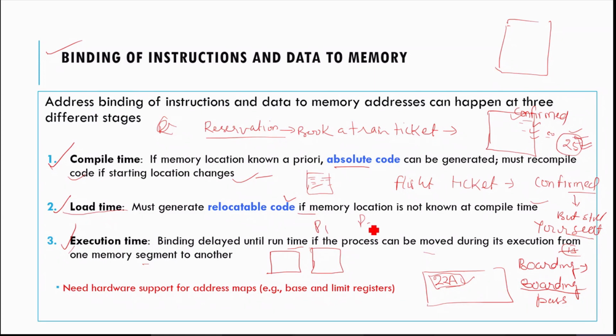Person P1 got a seat here and P2 got a seat somewhere else. Suppose P1 is the mother of P2 and she is not feeling well and requires help, but the seat next to her is allocated to some person P3.